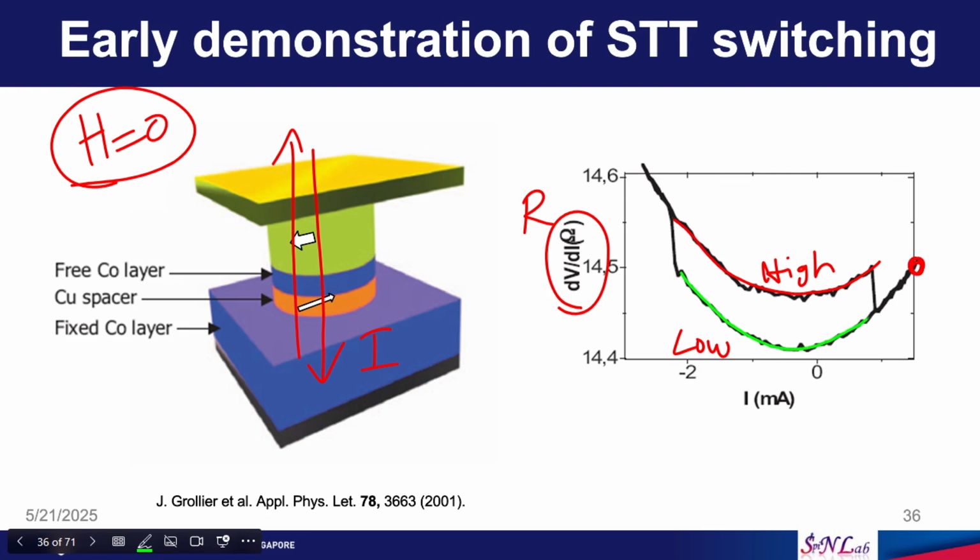The green line is the low resistance state, the red line is the high resistance state. We know that the resistance will be low when the two layers are parallel to each other, and the resistance is high when the two layers are anti-parallel to each other. So this is a GMR device: a ferromagnetic layer, copper spacer, ferromagnetic layer.